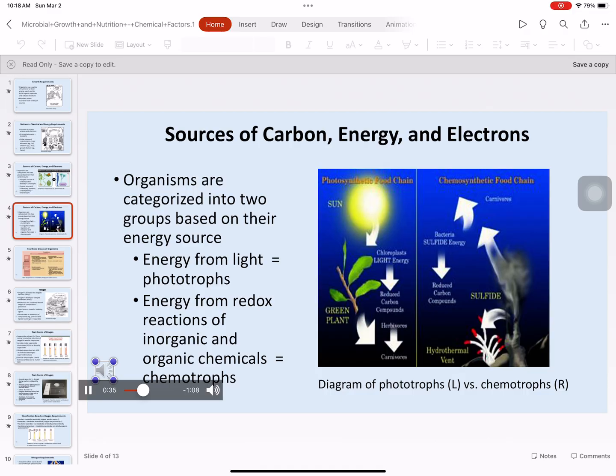Other organisms get their energy from redox reactions involving inorganic and organic chemicals. So they would be chemotrophs and are shown on the right side of the panel. We, humans, would be chemotrophs, requiring our energy to be gotten from organic chemicals.